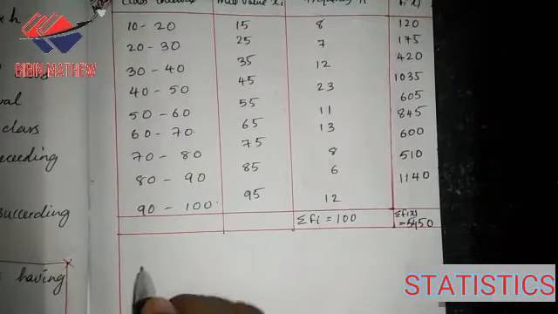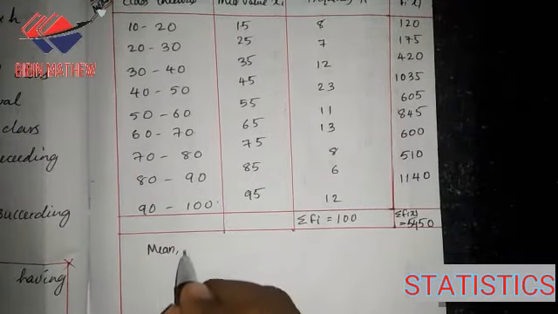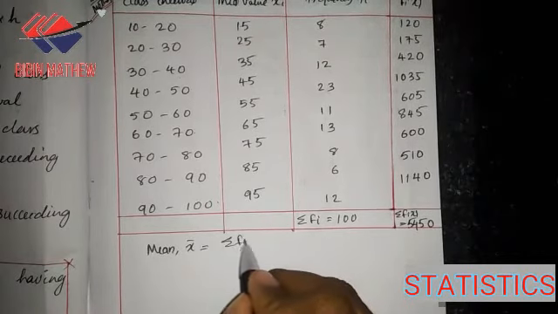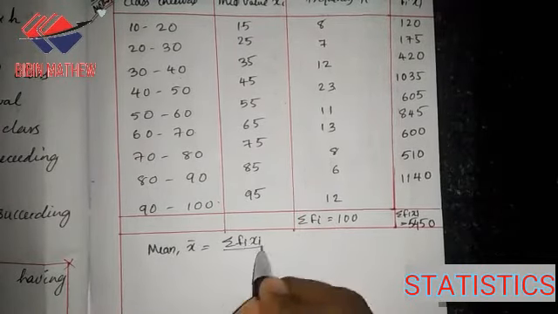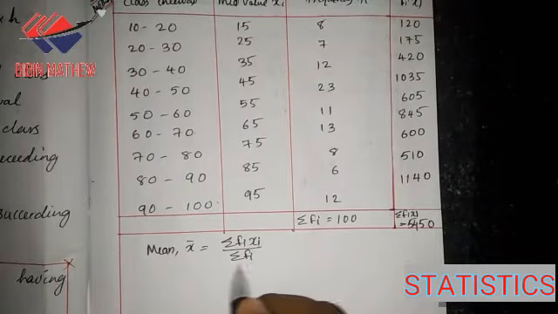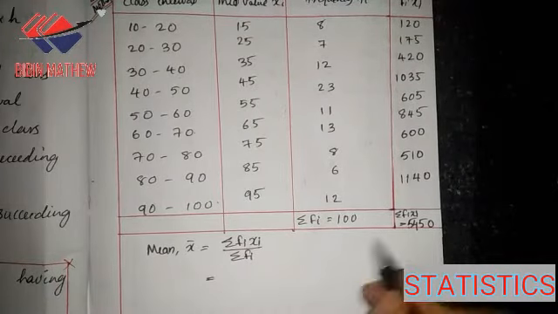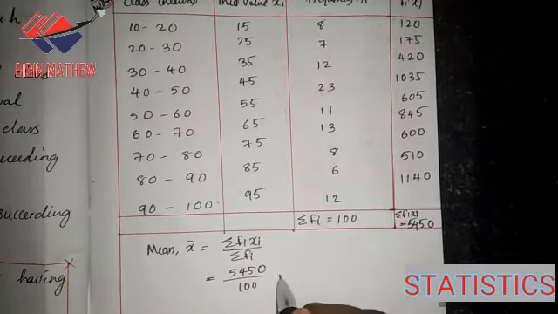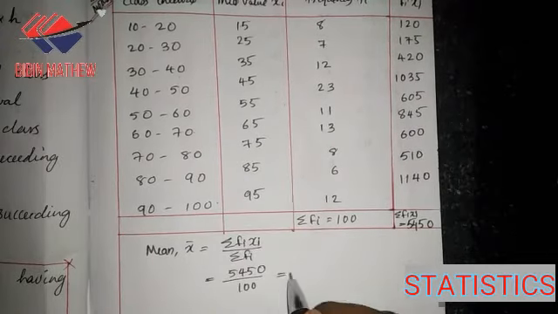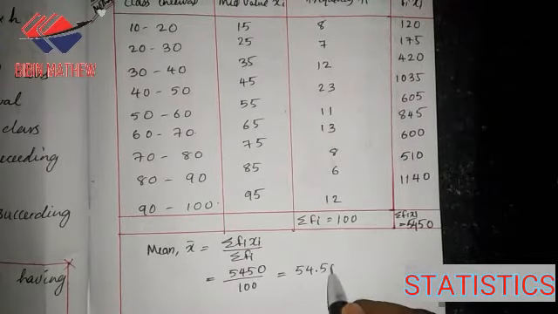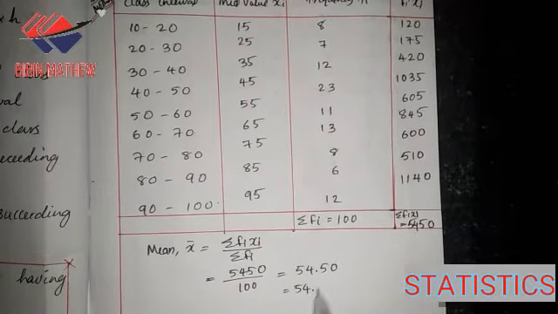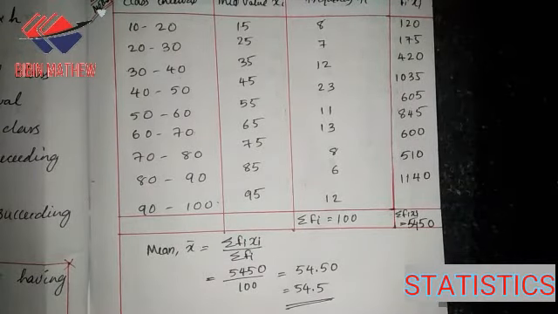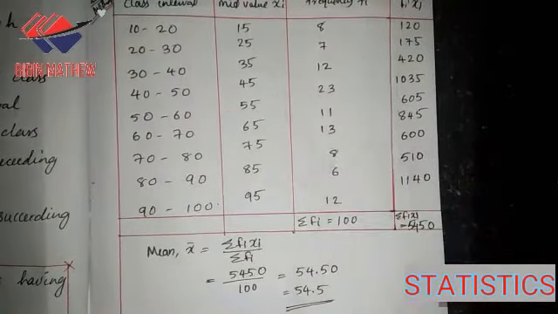From that, the mean: x bar is equal to, what is the formula? x bar is equal to sigma fi xi divided by sigma fi. Sigma fi, some also call it n, we can say it as n. So that is 5450 divided by 100. Instead of dividing by 100, friends, move the point back two places: 54.50. That means 54.5. That's the mean. You got it. So this is the way how to do it by using the direct mean method.